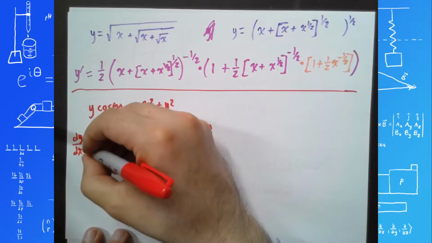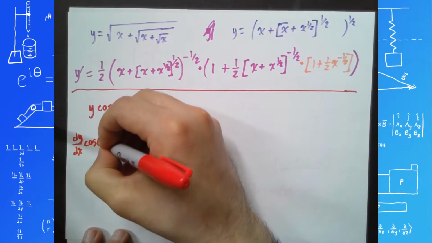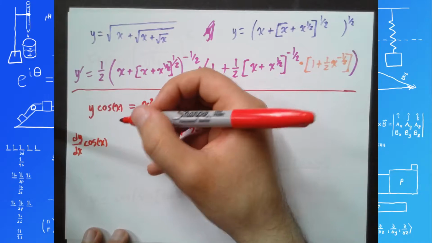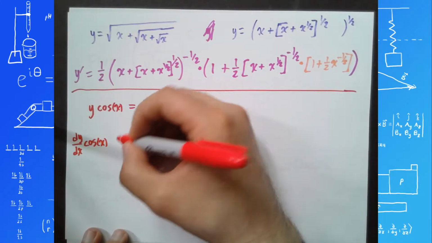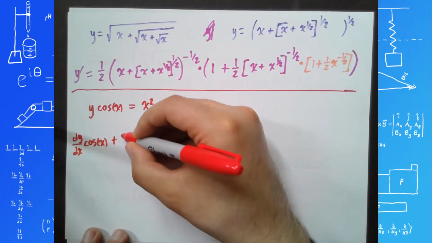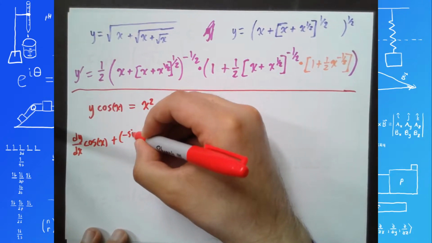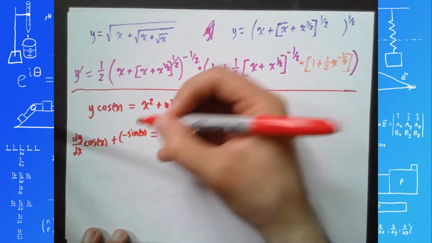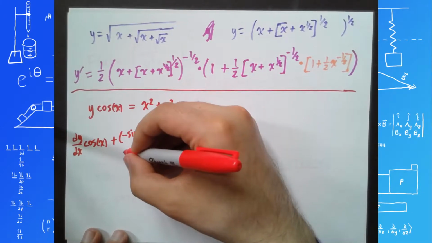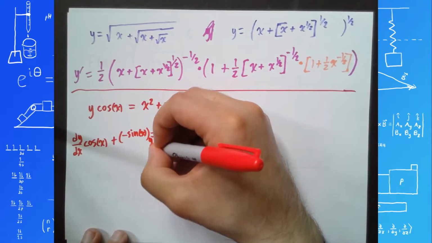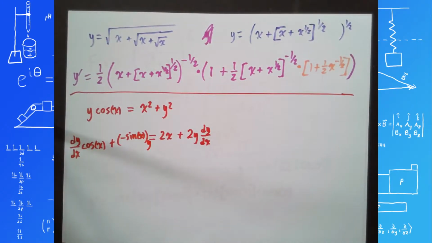times g, so that's cosine of x, plus g prime f. G prime, derivative of cosine, is going to be negative sine, times f, which is going to be y, so I guess I'm running out of space, I'll just squeeze it in there. And yeah, let's rewrite this.